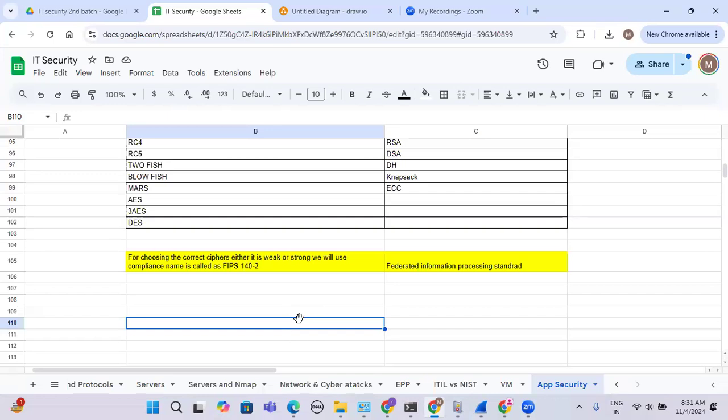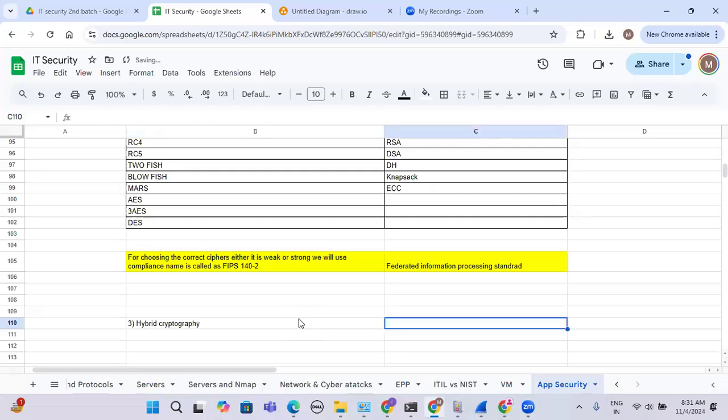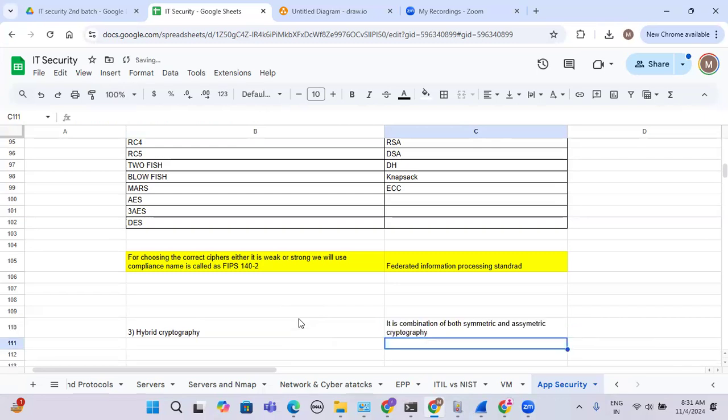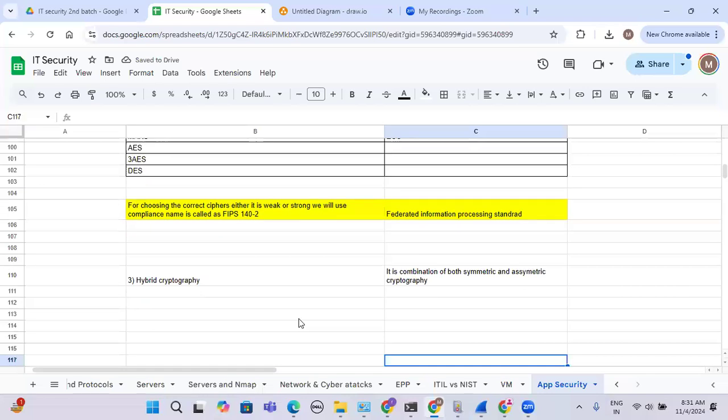Now, what is hybrid cryptography? Third one. Hybrid cryptography is a combination of both symmetric and asymmetric. So we can use both combinations.